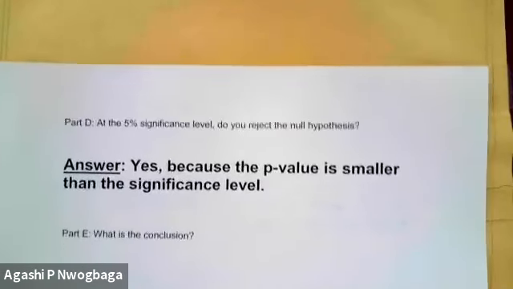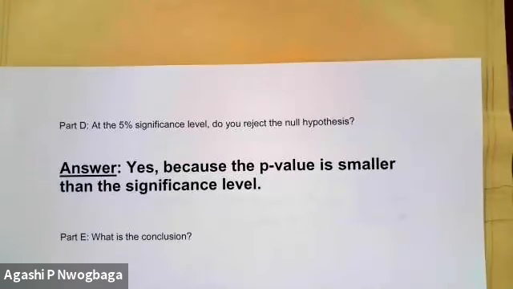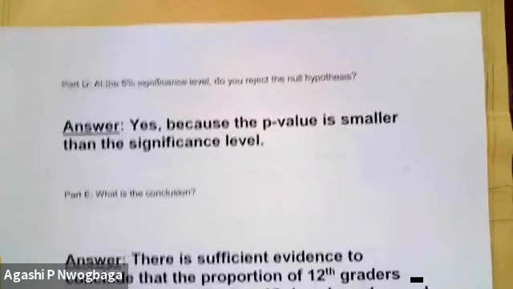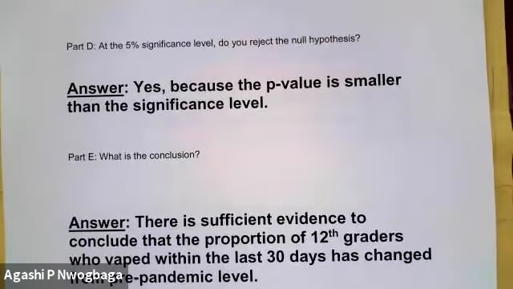All right. Now that we reject the null hypothesis, what is the conclusion? Our conclusion is there is sufficient evidence to conclude that the proportion of 12th graders who vaped within the last 30 days has changed from the pre-pandemic level.